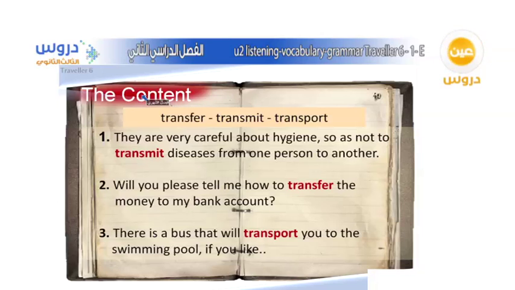Now let's go to the context, the first slide of our lesson. We have three words: transfer, transmit, and transport. They are very careful about hygiene, so as not to transmit diseases from one person to another.